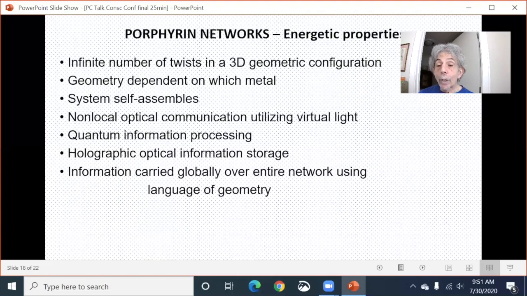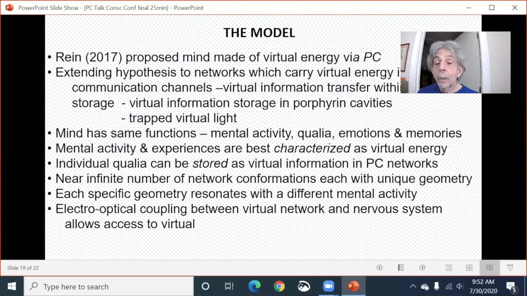That these networks, which are described in the literature, I'm just giving them these energetic properties. They could exhibit quantum information processing, they could exhibit holographic information storage, and they could be involved with some kind of a global information language, you might say the language of geometry, over the entire brain. So that's the background information.